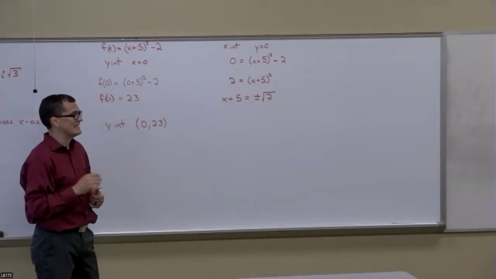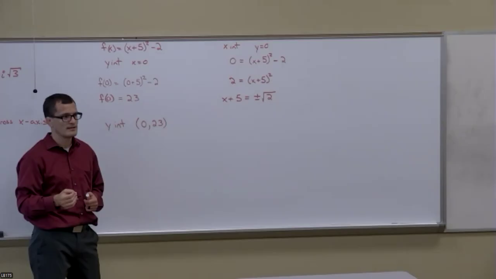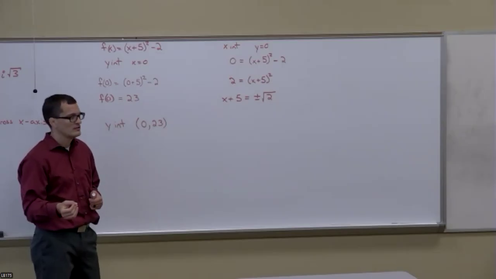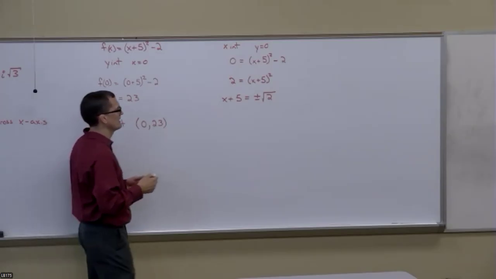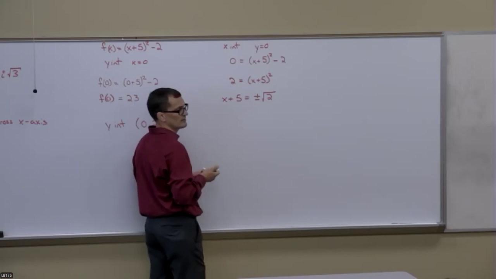Square root of 2 is an irrational number, but it is a real number, right? So I can't really simplify it, but it exists on the real number line.